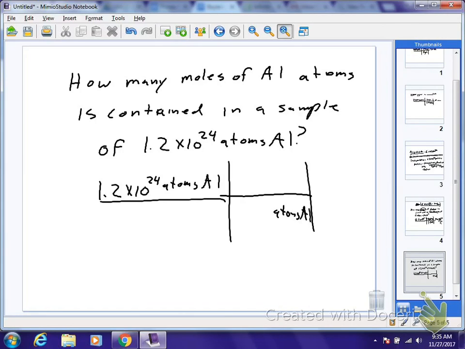And then what unit goes above? Moles. How many moles? So then moles of aluminum up here. So down here goes 6.02 times 10 to the 23rd, and up here goes 1 mole. So 1.2 divided by 6 is what?